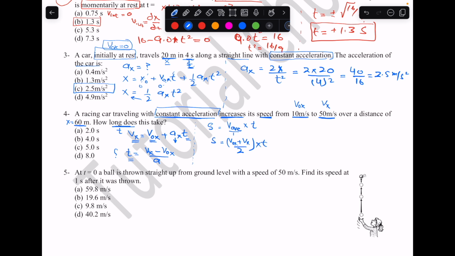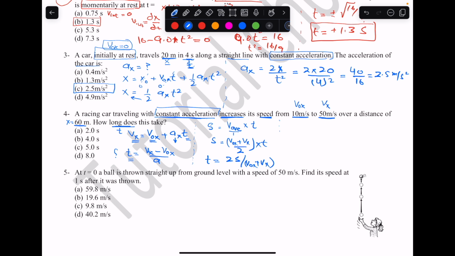So we can get t, or t is 2s over v naught of x plus vx.